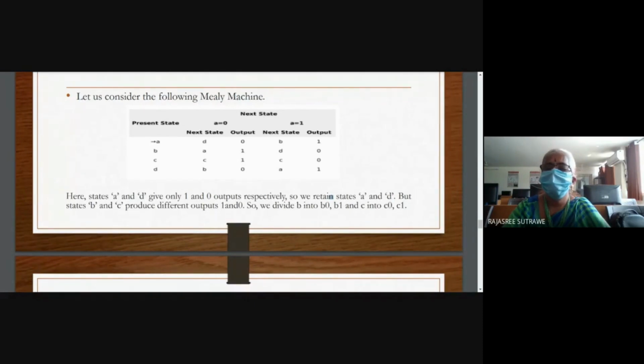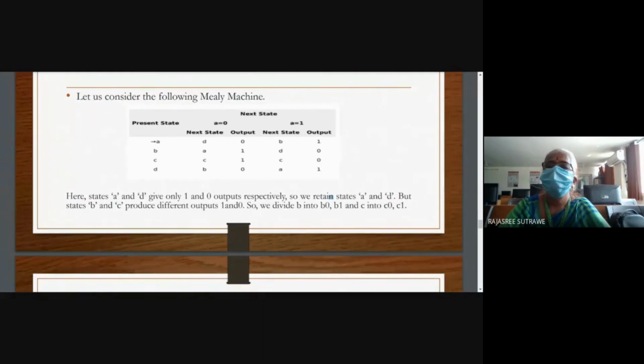We are splitting the different outputs. That's why we have more states here. And this is our D. So for A, next state from the transition table is B. So these are our next states.